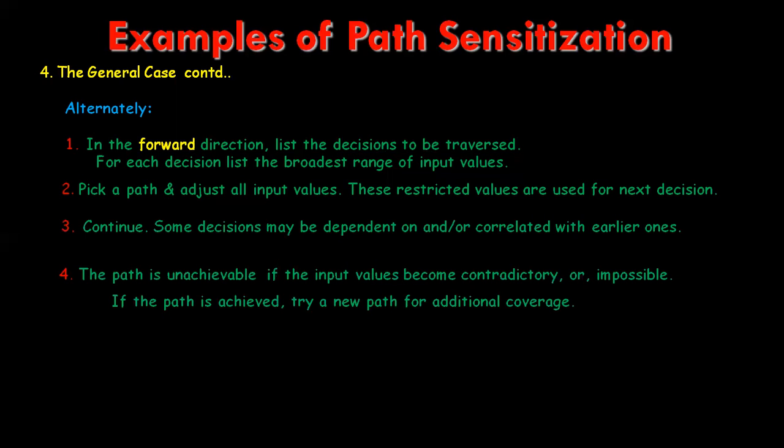The path is unachievable if the input values become contradictory or impossible. If the path is achieved, then we try a new path for additional coverage.